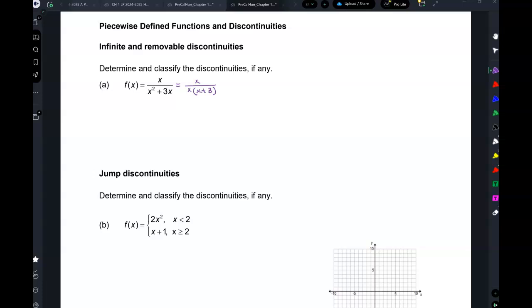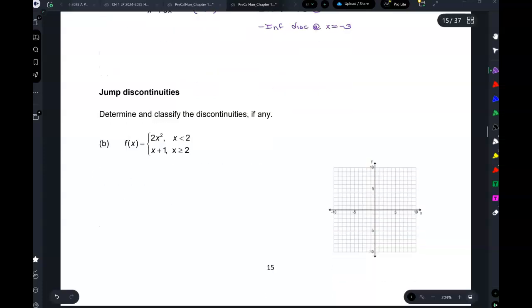So what kind of discontinuities are there? X equals 0 and x equals negative 3. Absolutely. So there is a removable discontinuity at x equals 0. There is an infinite discontinuity at x equals negative 3. Okay, good. So these are infinite and removable.